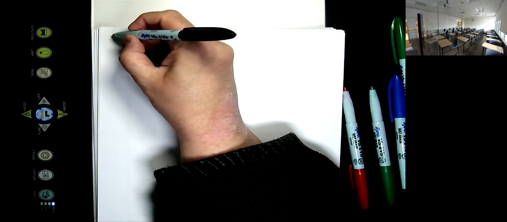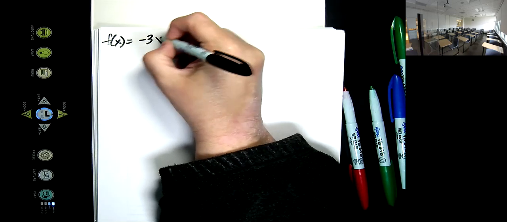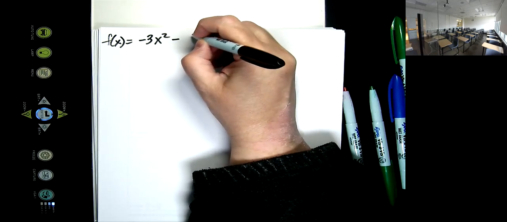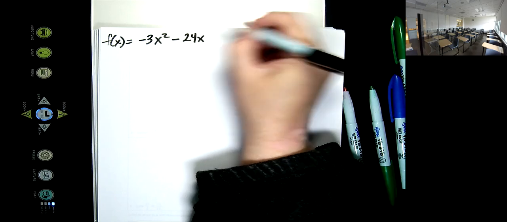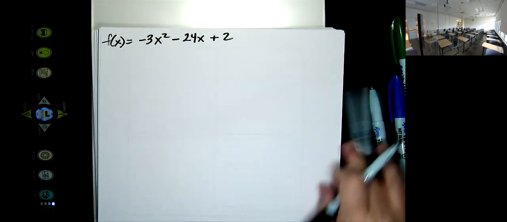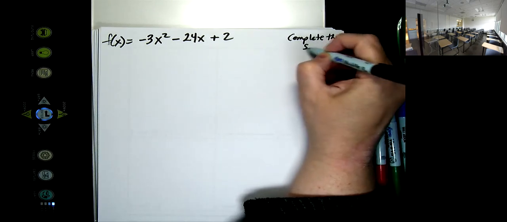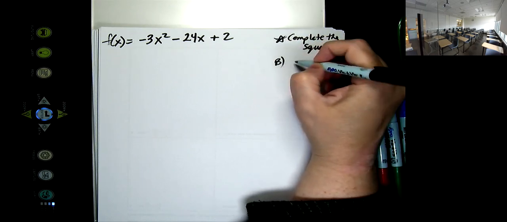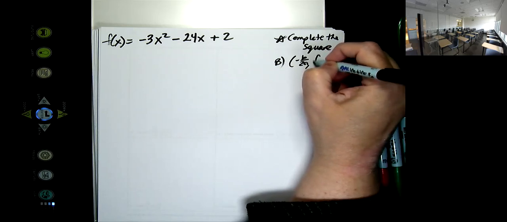Try this both ways. Let me write down what we're working with first. So do the complete the square method. And then B, use the negative b over 2a, f of negative b over 2a.